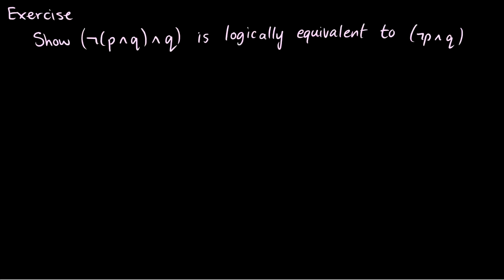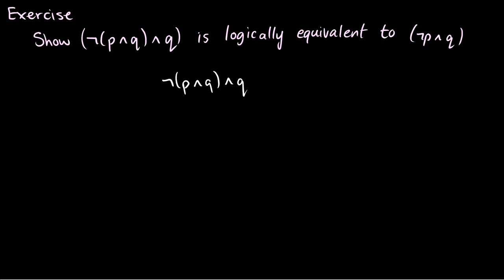Now, as an exercise, let's show that not (P and Q) and Q is logically equivalent to not P and Q. The first thing we'll always do is write out the first step as an assumption, and then we'll work step by step to get something that we can work with.